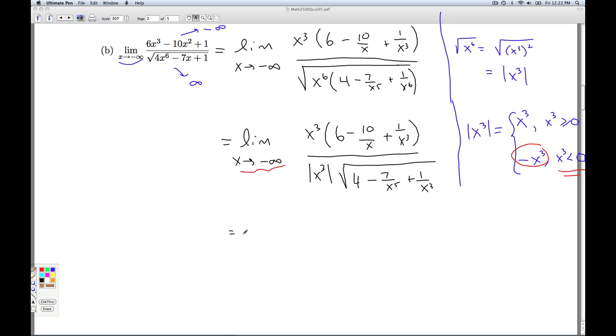So this is then the limit as x goes to negative infinity of x cubed times the quantity, 6 minus 10 divided by x plus 1 divided by x cubed. And in the denominator, the absolute value of x cubed is going to be replaced with negative x cubed, or the opposite, I should say, of x cubed.